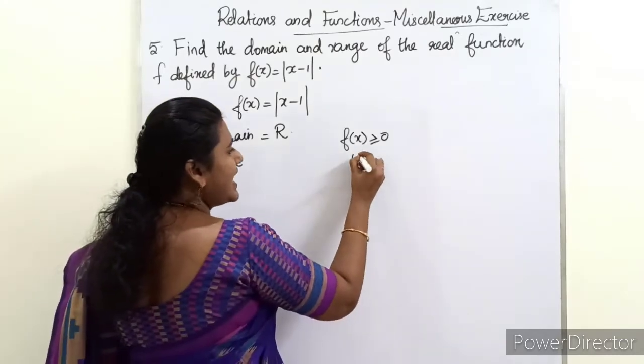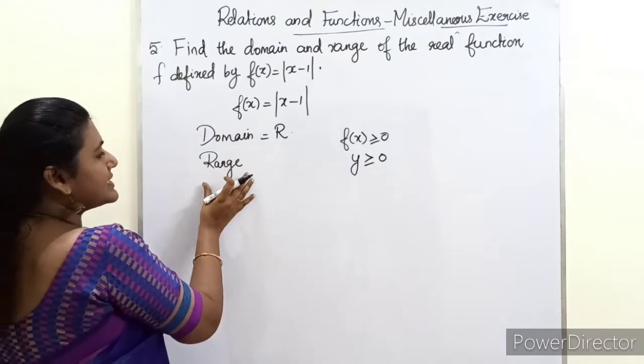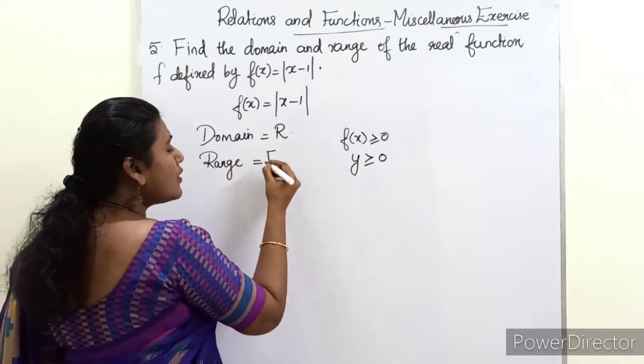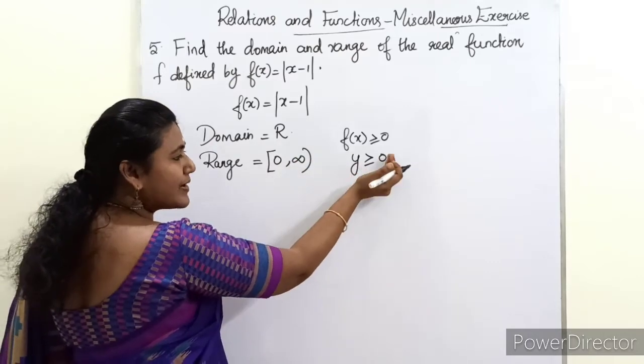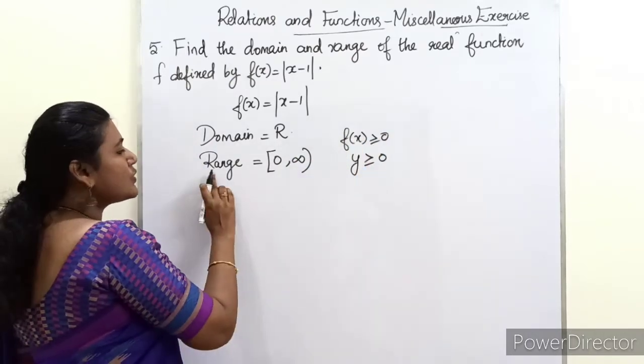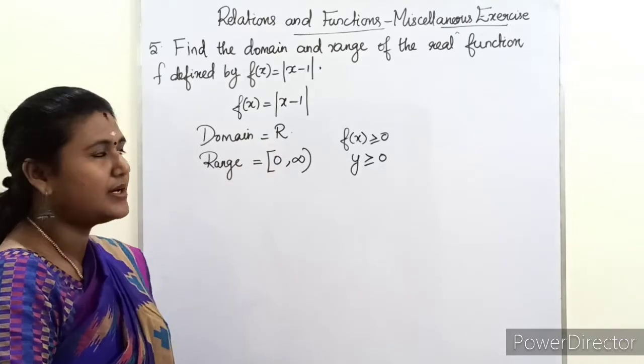That is, we can say that y will be greater than or equal to 0. So we can write the range as the closed interval 0 to infinity, that is, y values from 0 to infinity.